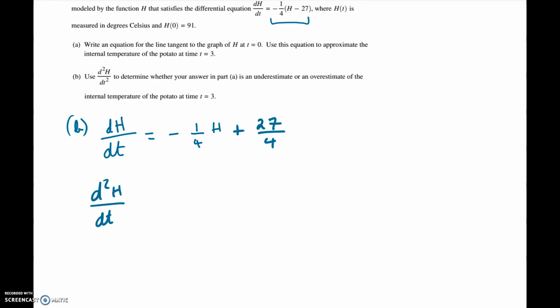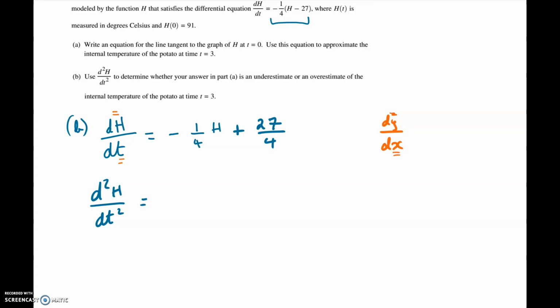Which looks like it should be an easy kind of thing to do, but one twist they've been putting in these questions in recent years is this. If we compare this to dy/dx, which is what we're used to, then the y and the h are analogous, and the t and the x are analogous.